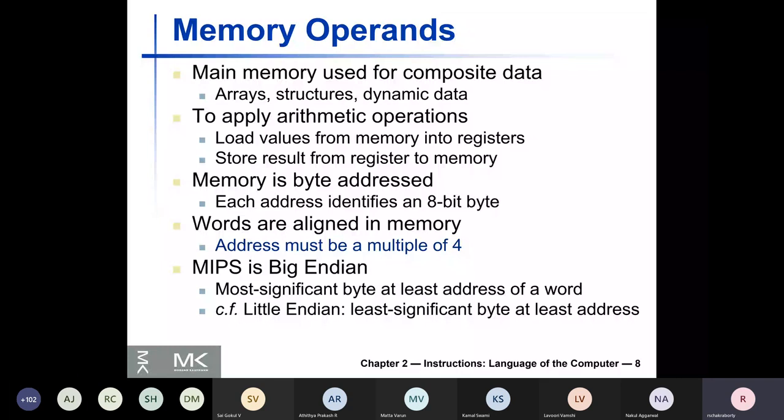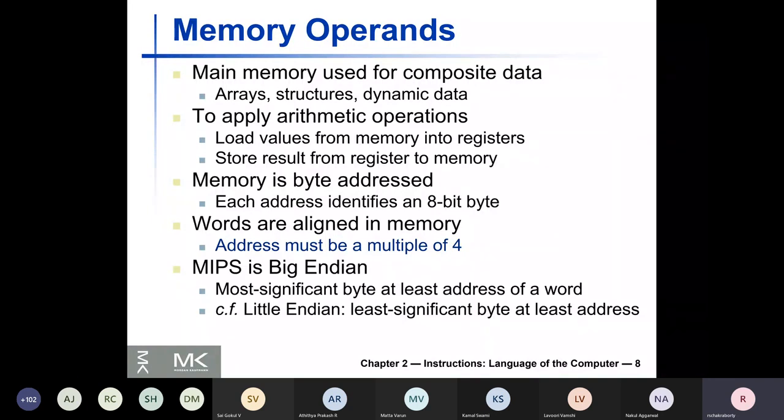What does it mean? It means if the word starting address is 0, then it contains byte number 0, 1, 2, and 3. These 4 bytes together constitute one word whose starting address is 0. So word address basically means the starting address of the entire word.